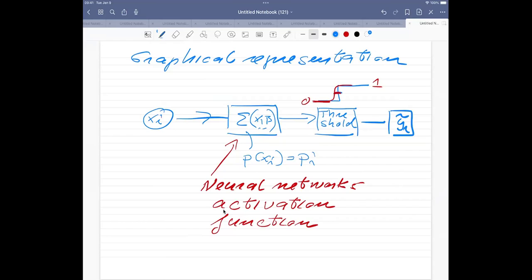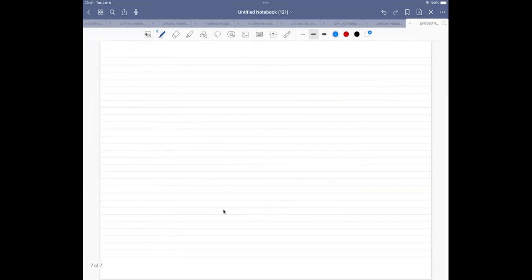Now, this is a case where you just have one input, but we know that we have many inputs for one type of output. So let's now look at the general design matrix and how this graphical representation would look if we think of the general design matrix we have been dealing with. So if we go back to the design matrix, if we now just set up the different columns and rows, we have x_00, x_01, up to x_0,p-1.